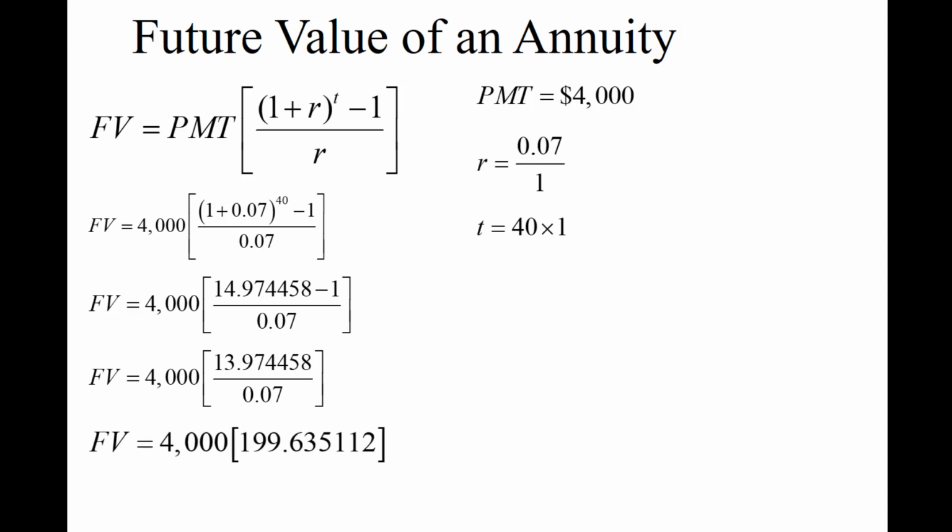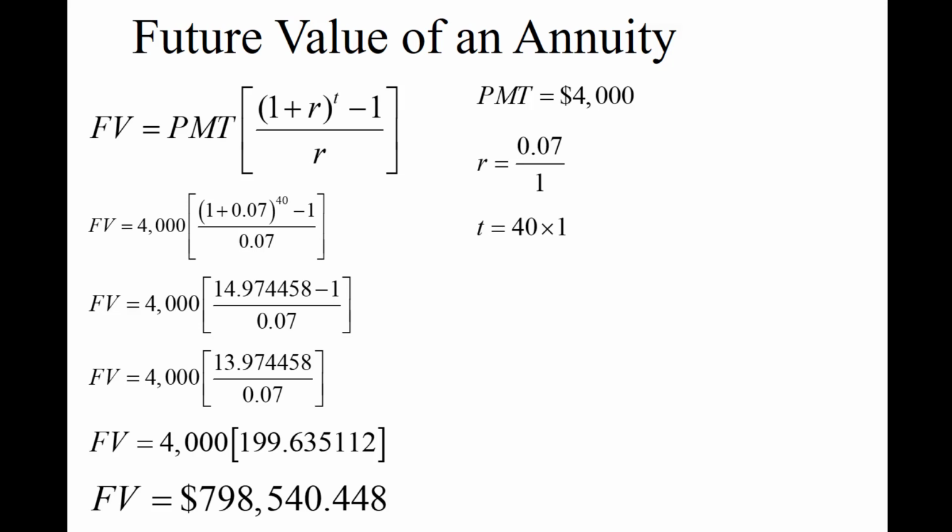And we'll continue to work this out to where we get a future value is equal to $4,000 times 199.635112. And in this case, we get a future value of $798,540 and about 45 cents.